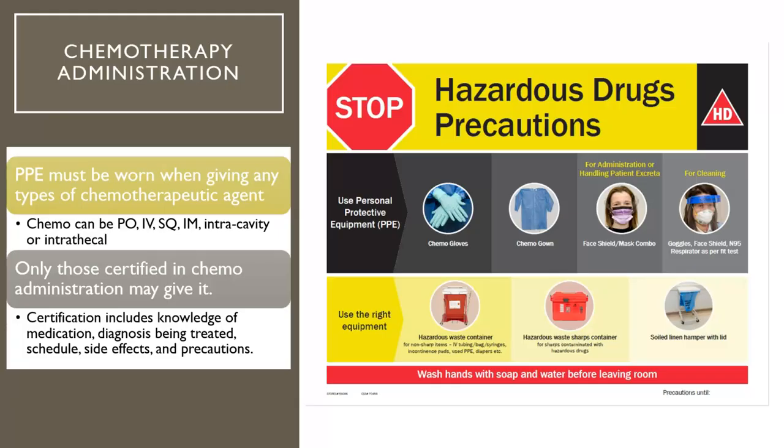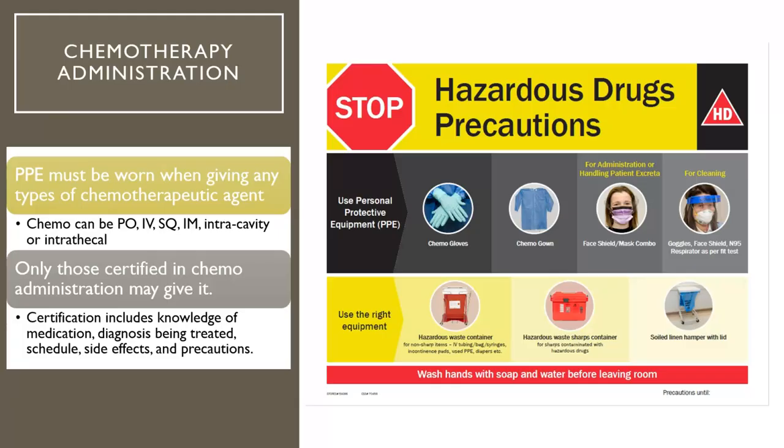So, administering chemo. PPE must be worn when giving any type of chemo agent, and that can include PO, IM, intracavity, intrathecal. No matter how the chemo is given, you need to have these precautions in place. Only a certified chemo administration nurse may give chemo.